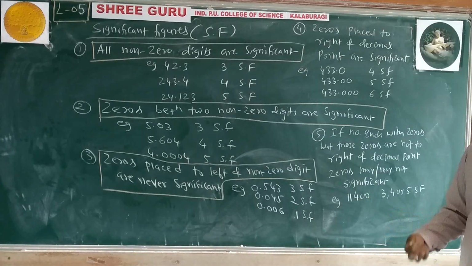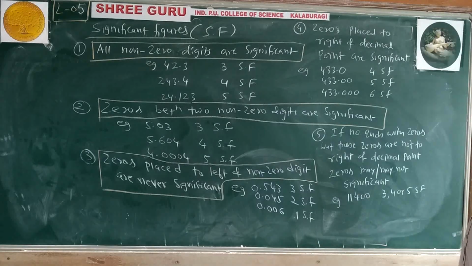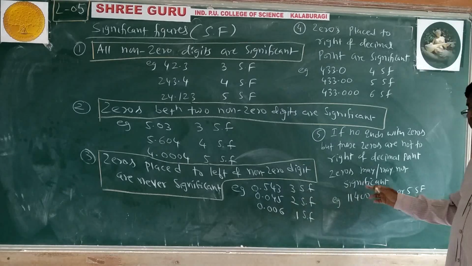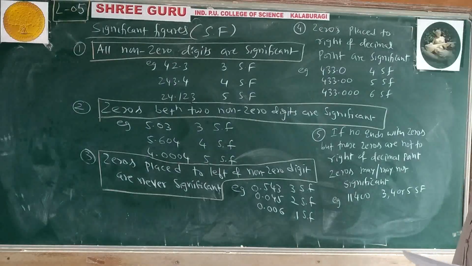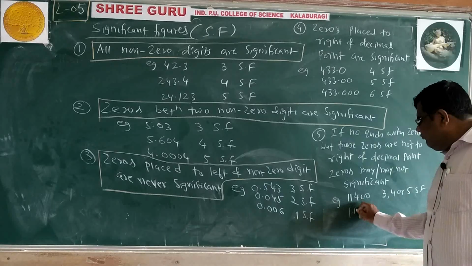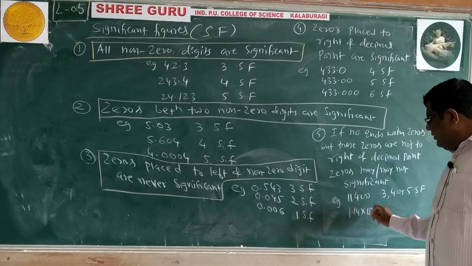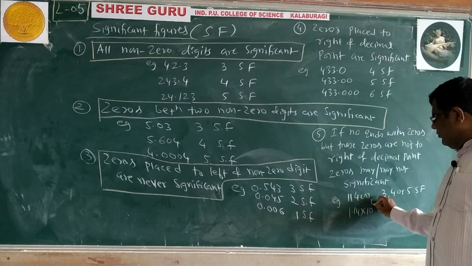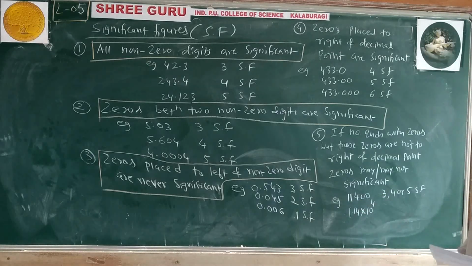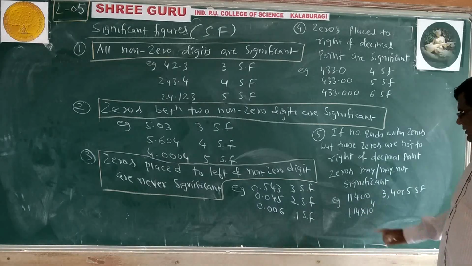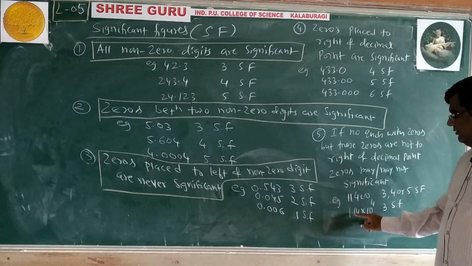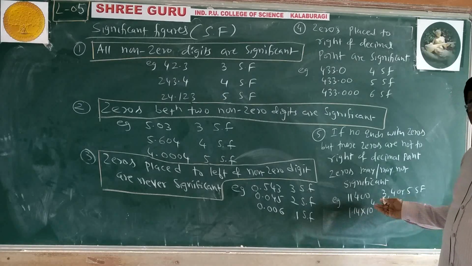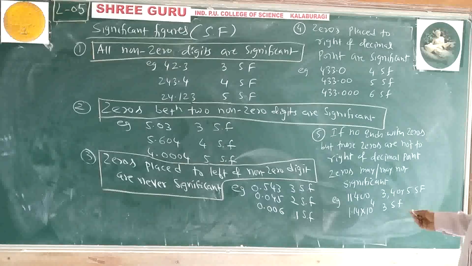Now how to know whether it is significant or not? It has to be reported in scientific notation and then it will be clear. For example, if 1.14 into 10 raised to 4 is the number we have, then we can say it has only 3 significant figures. These only 1, 2, 3. Because this power of 10 we do not consider in the significant figures.